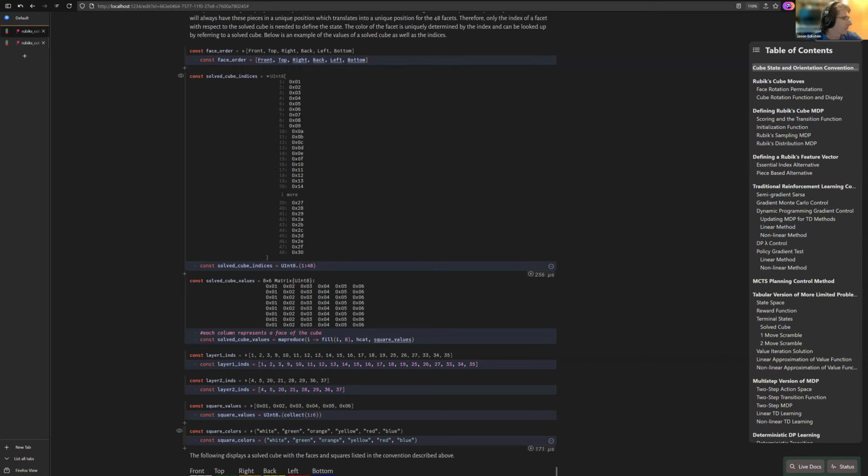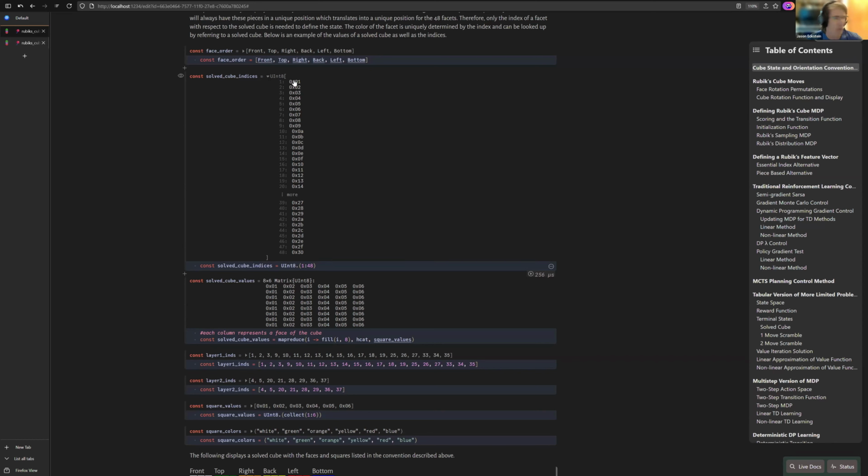So instead of position 1 having facelet 1, if we do some kind of rotation of the cube, then some of these indices are going to swap positions. And that will define how this differs from a solved cube. Because in a solved cube, the index should match the value at that index.